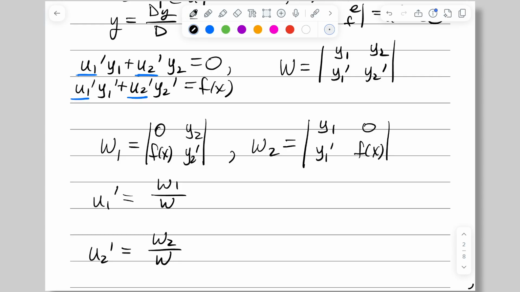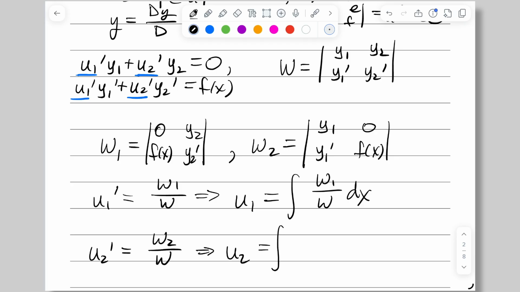This is u1 prime. That means that u1 is equal to the integral of W1 over W times dx, and u2 is equal to the integral of W2 over W times dx.